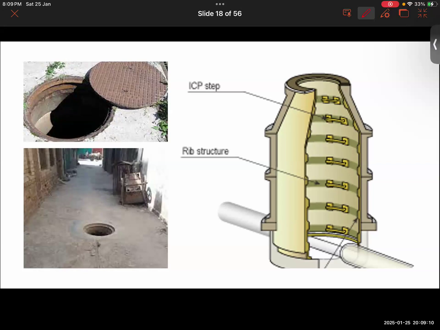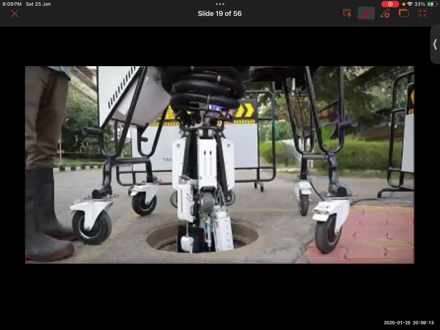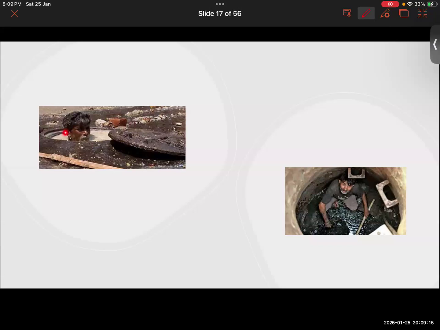So thereby, what happens? You might see workers like these, the manhole cleaners, physically going down there and cleaning it, and that's a deadly job. Oftentimes, it leads to death. They would be dying of diseases, and if, for example, while stepping into these open manholes they were to get injured, due to infection they will die, and because of inhaling toxic gases they will also face breathing problems.